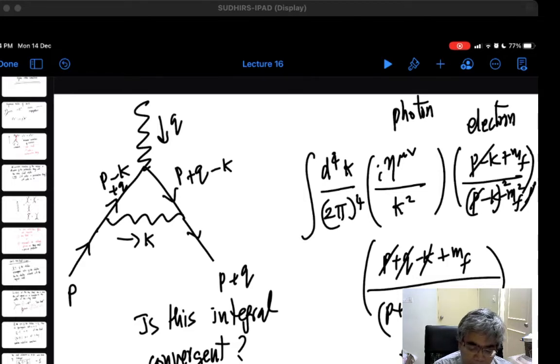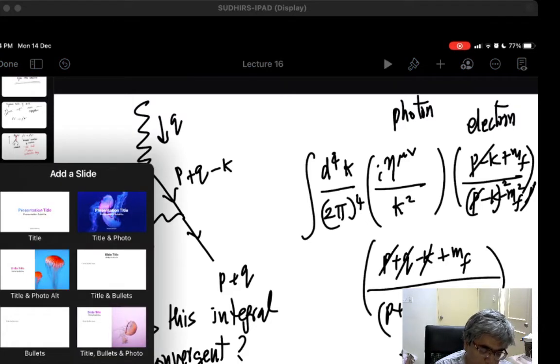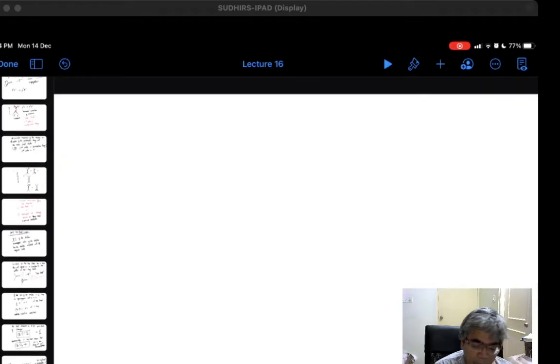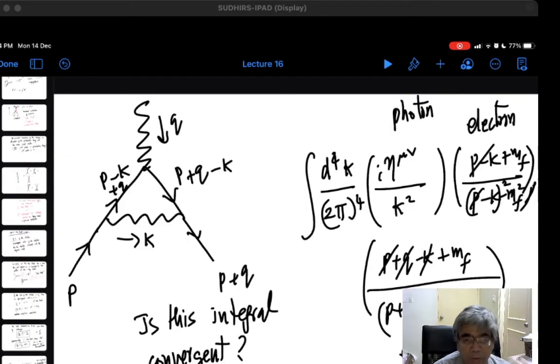Now though it looks very complicated, let's just think that this is just a vector in 4 dimensions. This integral is just a vectorial integration in 4 dimensions. So there is a d power 4k, it's like d cube of x.